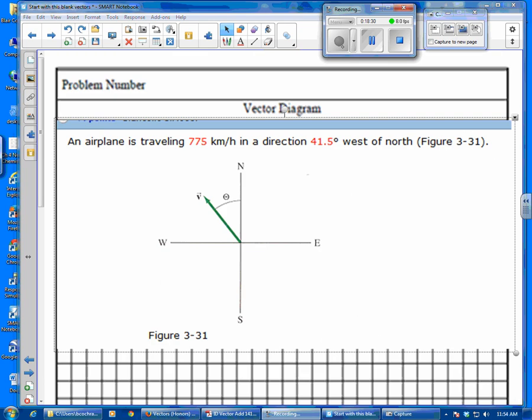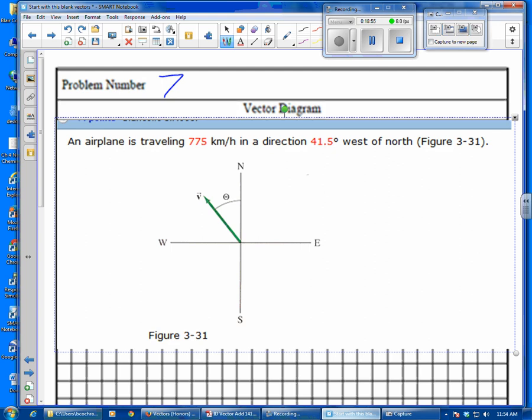All right. We're doing number 7 here. And 7 asks us, if we've got a plane moving in this direction at this velocity, find first the components of it, and then if it travels for a certain length of time, how far the components of its displacement.